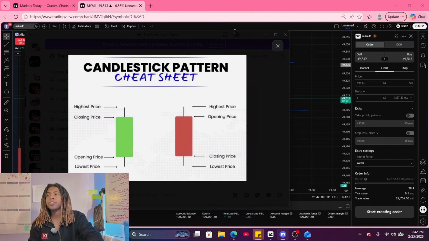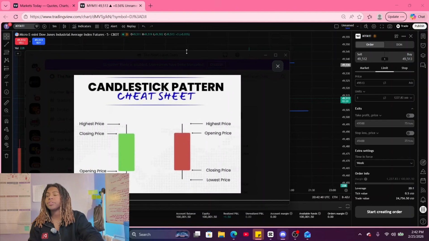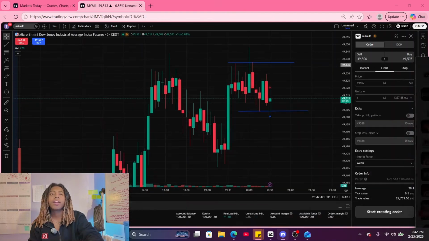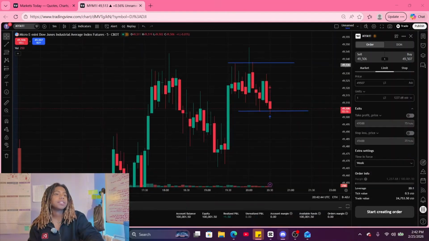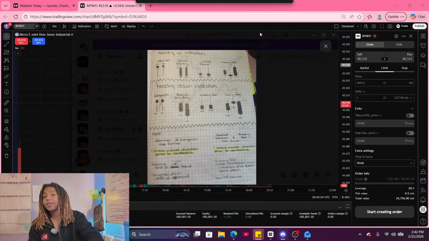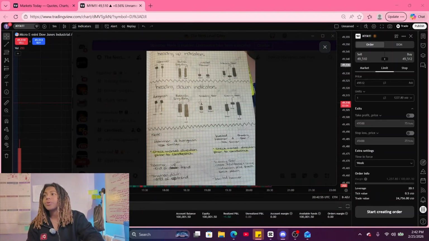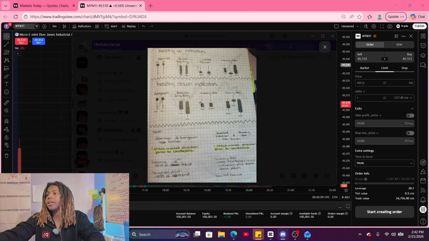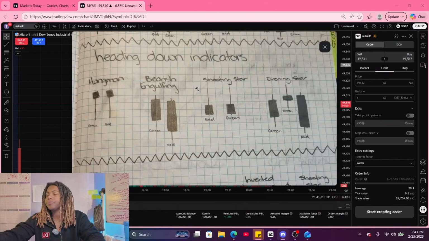Perfect. I have one more picture to show that will help us understand it, and that is this candle here. When I was a beginner trader, I used a journal, and we're just going to zoom in on this a little bit.